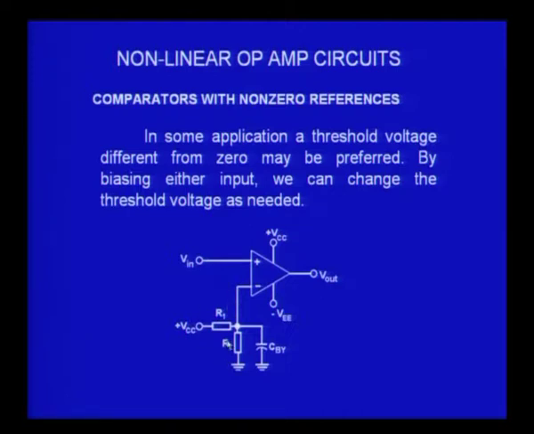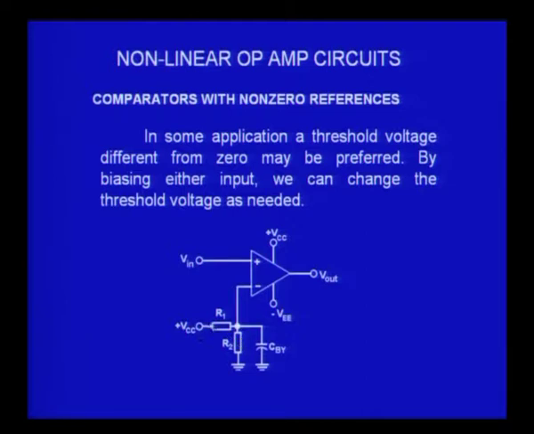We used a potential divider R1 and R2 with the midpoint connected, and this is again a method by which I can convert a 0 crossing detector into a comparator for comparing against a threshold voltage, which can be chosen by properly choosing the R1 and R2 values.